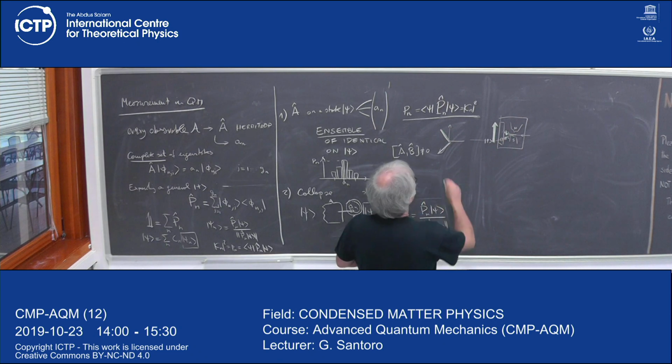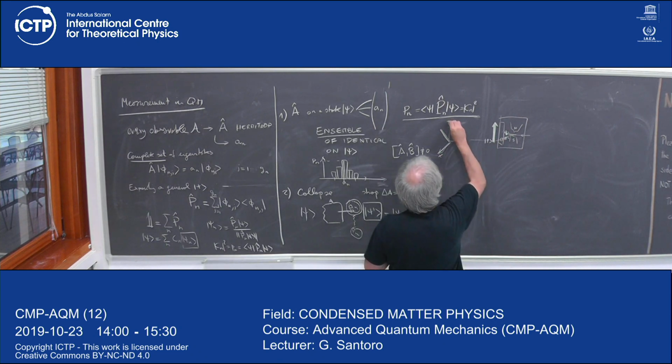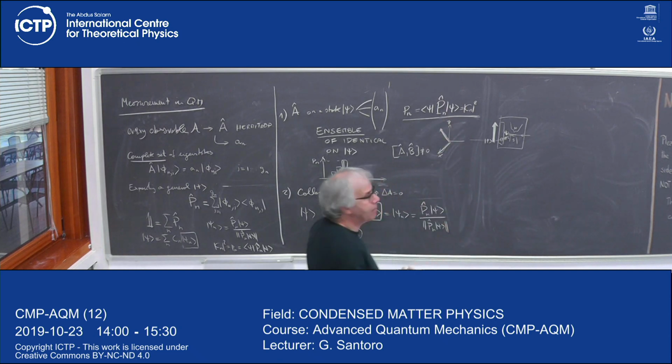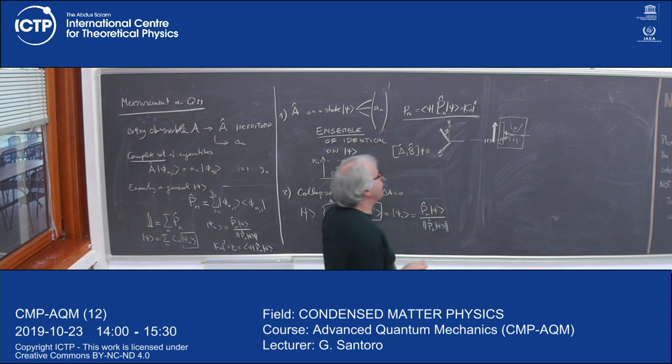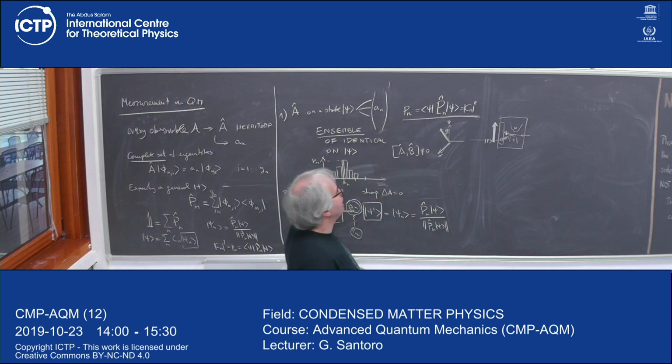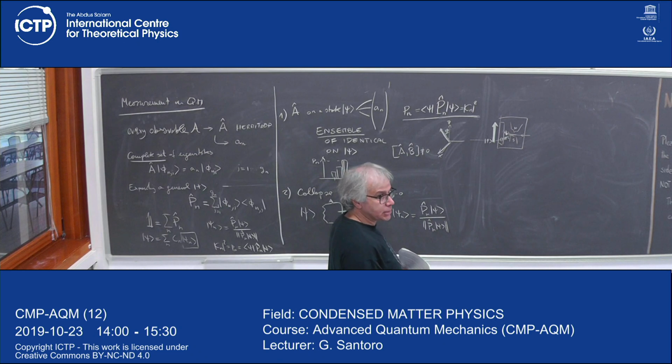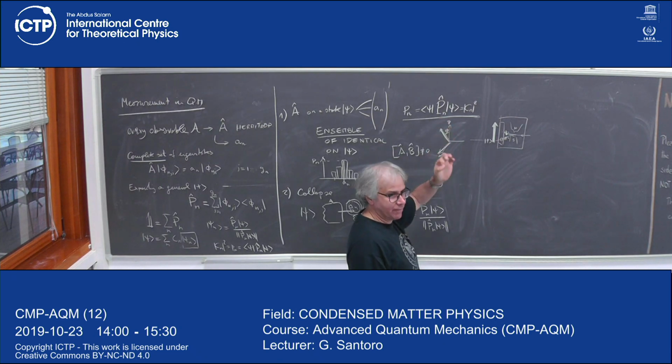Suppose that I rotate it around the XY plane at some angle theta. And I can ask you, what is the probability of measuring here a spin that exits the filter?